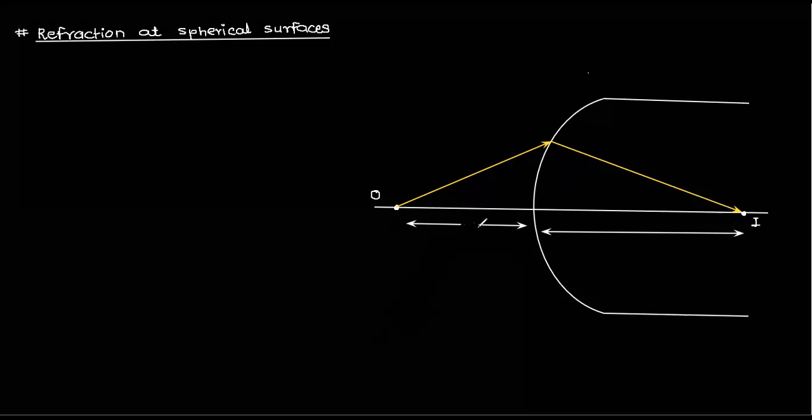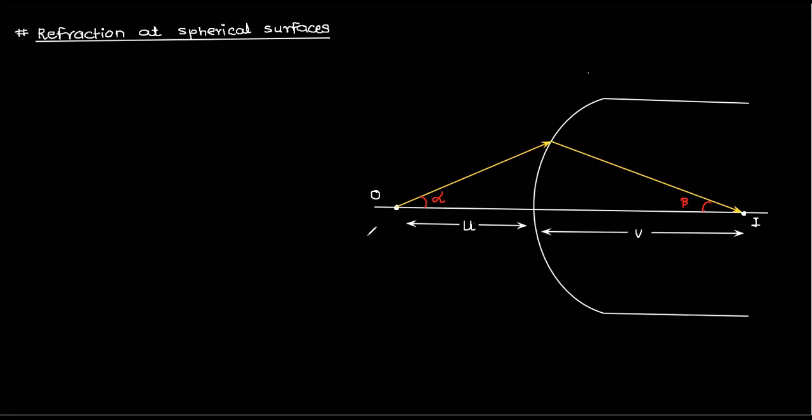U means object distance. V means image distance. So here it is u, here it is v. Now let us suppose this angle is alpha, and this angle is beta.